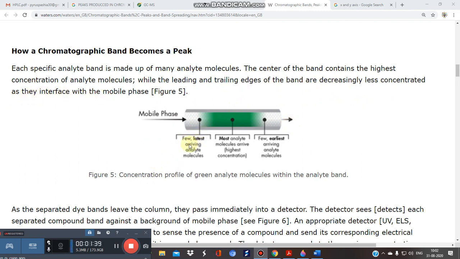These are the earliest arriving molecules, which elute first, and the others will elute later. That means there is a band, and the band is formed by different types of molecules that are to be separated from a particular mixture. Most of the molecules are concentrated in the center of the band.